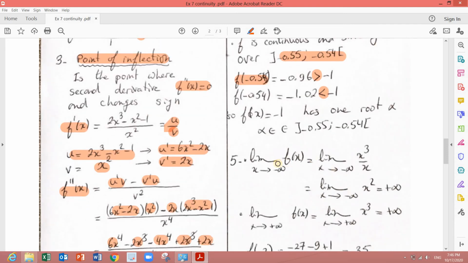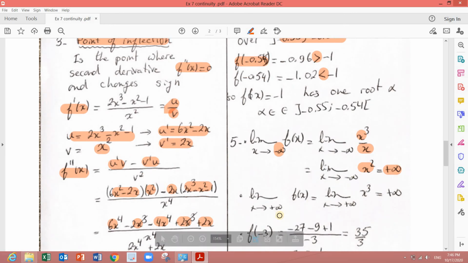Now it is required to calculate limits at infinity. Limit as x tends to minus infinity, we take the limit of the highest power over highest power. We get limit x squared after simplification. Minus infinity squared is plus infinity. Similarly, limit as x tends to plus infinity of f(x) equal limit of highest power over highest power.